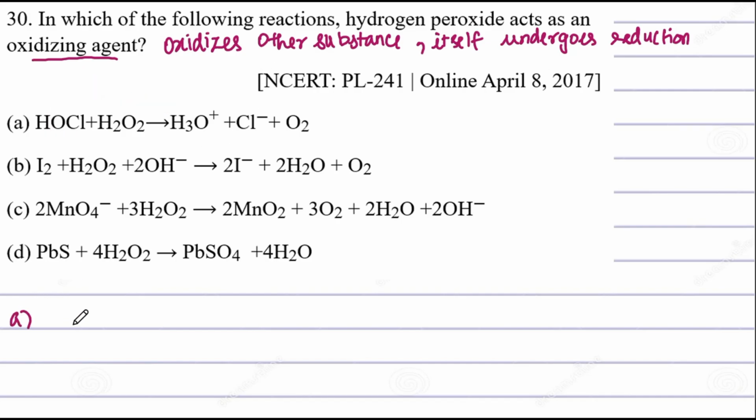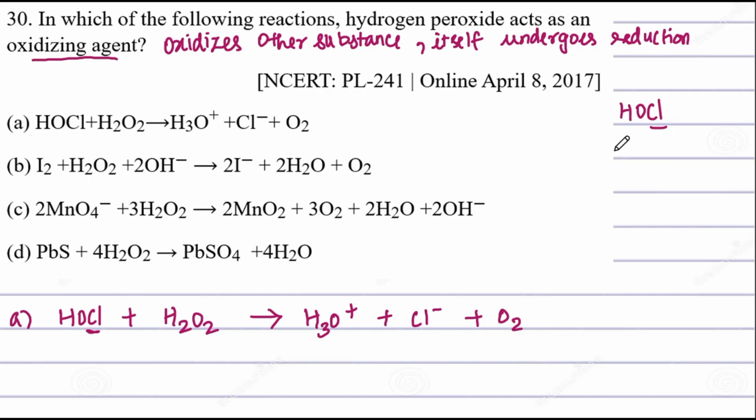So the first equation, let us take that HOCl plus H2O2 gives H3O plus Cl minus plus O2. So the other substance should undergo oxidation and hydrogen peroxide should undergo reduction. Now first let us check the other substance. First we will find the oxidation state of chlorine in the compound.